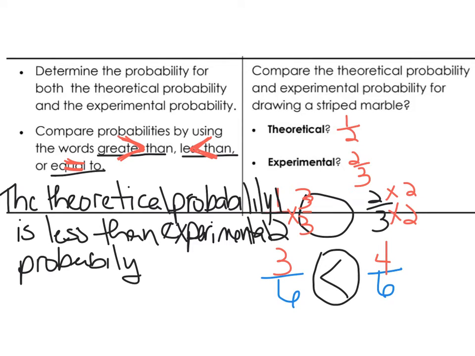Oops, I spelled that wrong. So that's your statement. Make sure that you understand that that's what you're looking for, less than or greater than. I went ahead and put the symbols for you so you could remember what they represent.